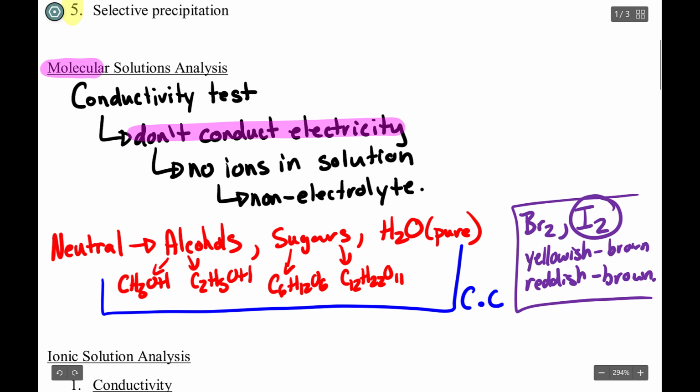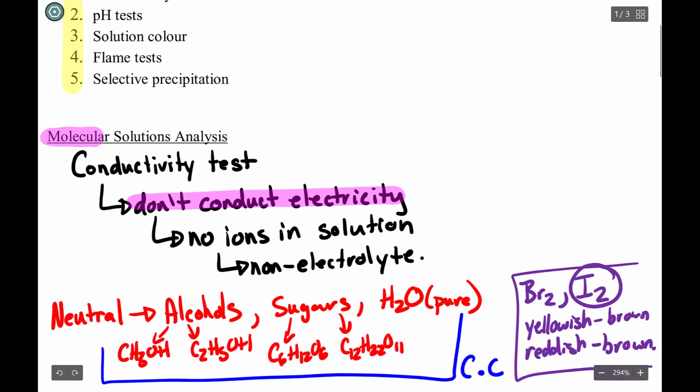That's iodine, okay? I'm not asking you to memorize these. I'm just saying that out of moleculars, those are the two that you may come across in terms of solution color. It would be something that you would have to memorize, but I don't think it's important at this time right now. Thought I would just mention it.